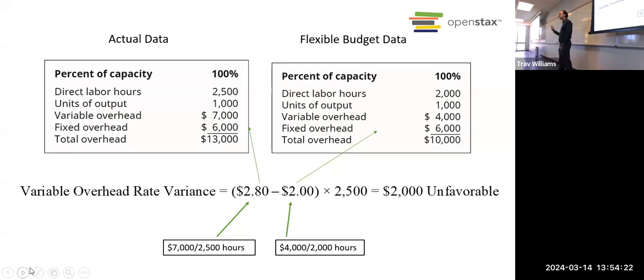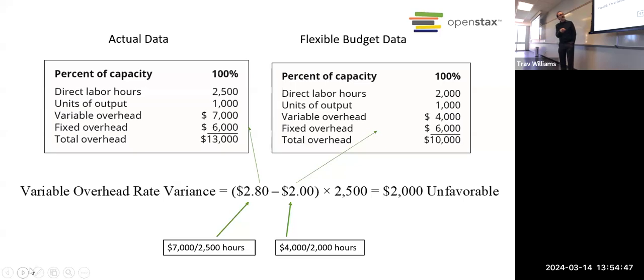That's how we got the rate of $2 of variable overhead per hour, right? But let's look at their actual data. Well, they actually used more labor hours to produce the same amount of product for some reason. And their variable overhead came out different.